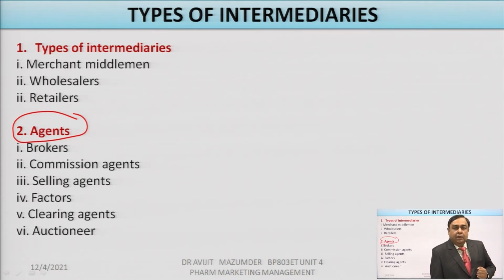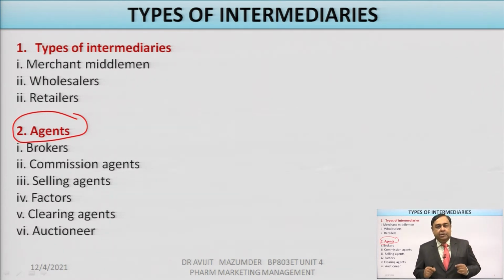Brokers, commission agents, selling agents, factors, clearing agent and auctioneer. These are the various kinds of agents who play a leading role in fact to transfer the item.